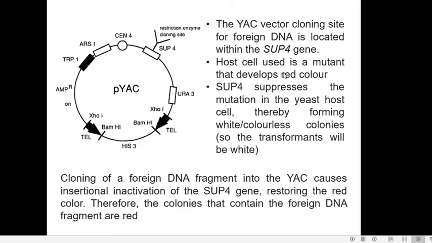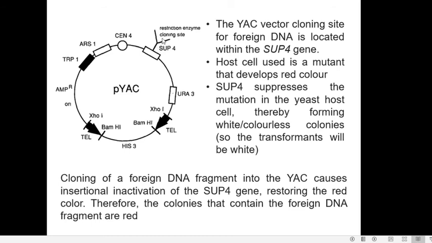A normal host cell will be red in color, but it has taken up YAC which has the SUP4 gene. The SUP4 gene suppresses the coloration of this host cell. So what happens? The host cell will become white or colorless. So the SUP4 gene is able to suppress red coloration of the host cell.